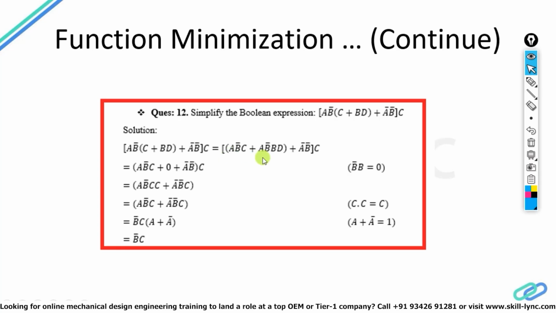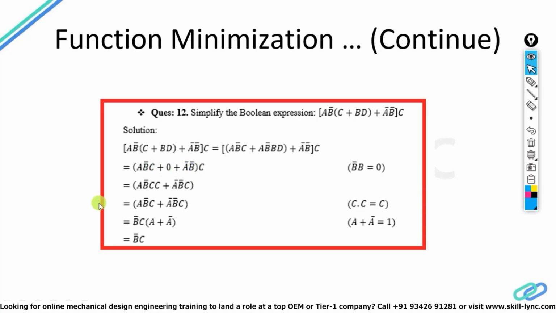Then come to the formula that a number multiplied by its complement is equal to 0. If it is 0, this term is finished, vanished. So we are left with a b bar c plus 0 plus a bar b bar into c. Why 0? Because it has b and the complemented form of b in an AND, so b into b bar is 0.